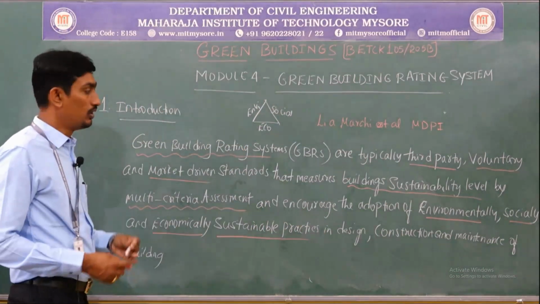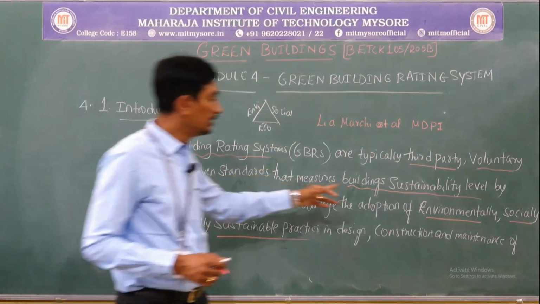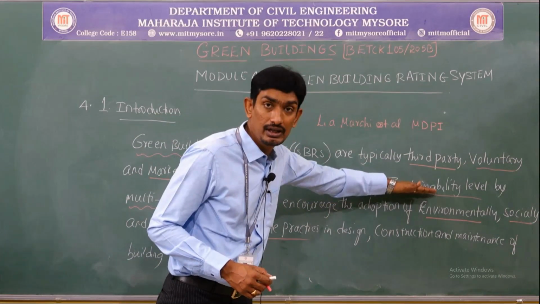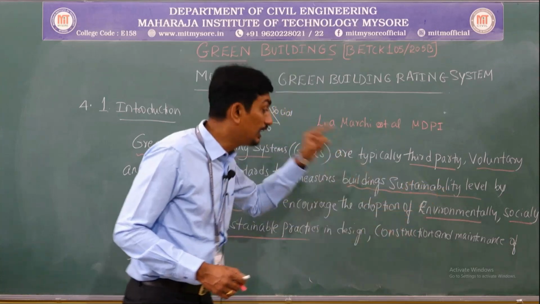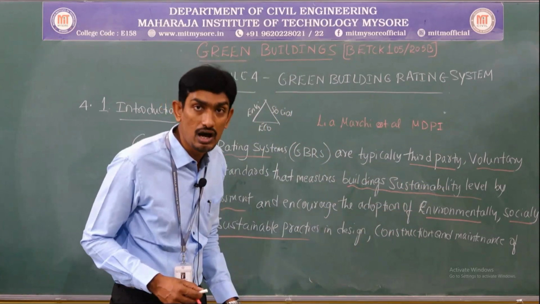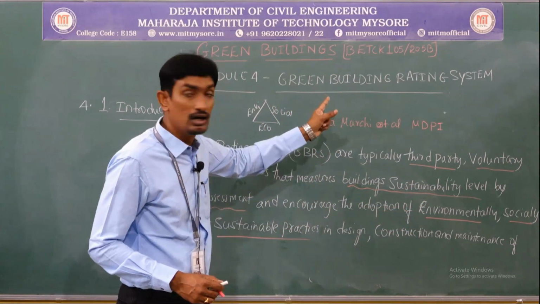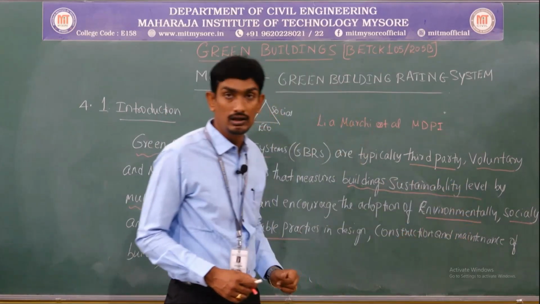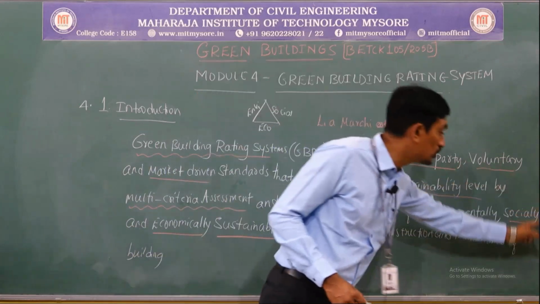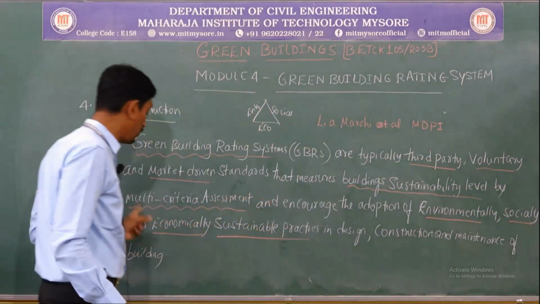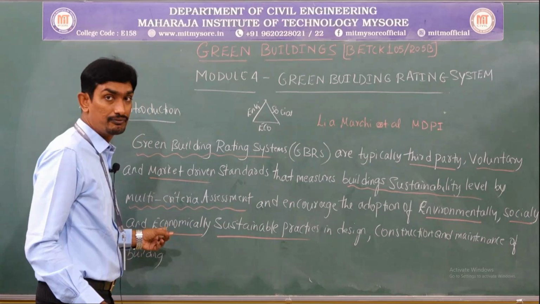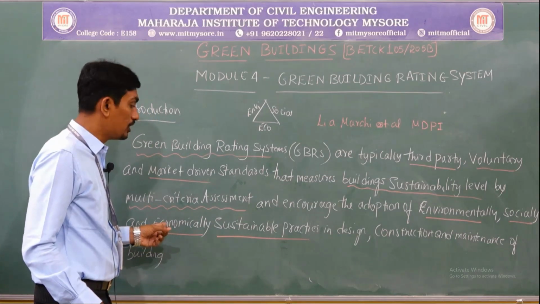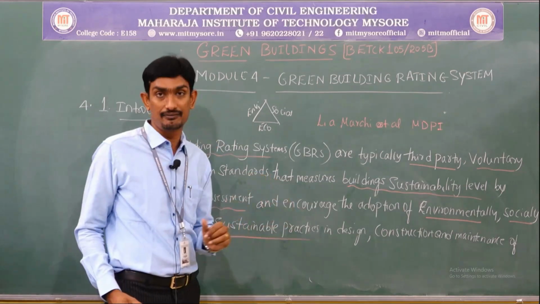That's what I have been told. One is, I am measuring the sustainability level in terms of whether this building is contributing, how effectively with respect to environmental, how effective with respect to social, and with respect to economic. Did you get my point? So these are the sustainable practices.